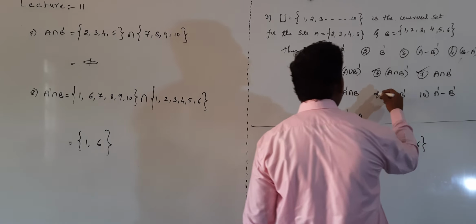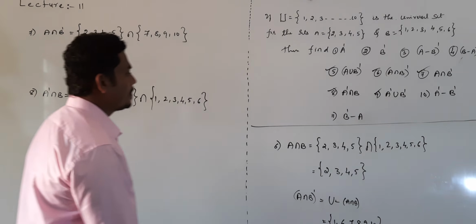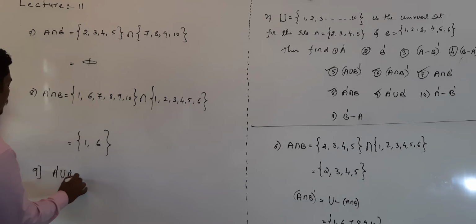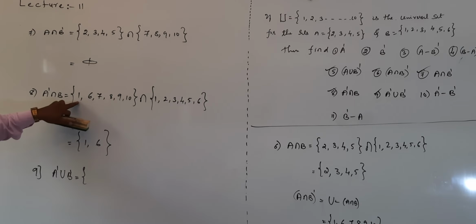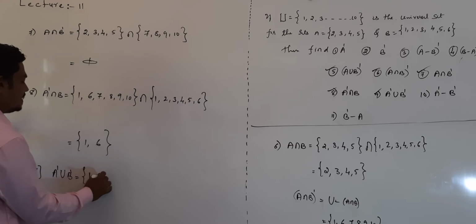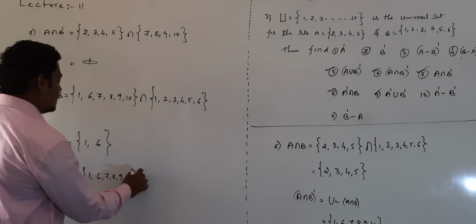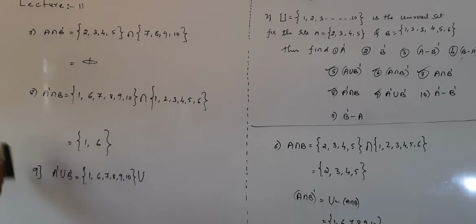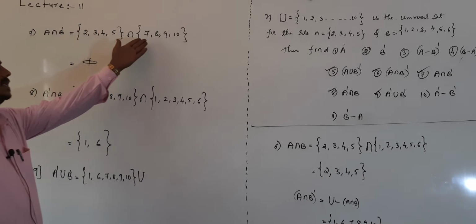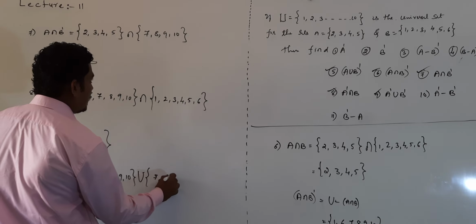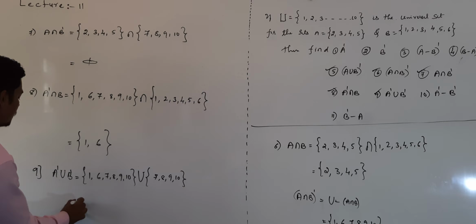After that, A complement union B complement. A complement union B complement, that's equal to A complement, that is 1, 6, 7, 8, 9, 10. This is A complement union B complement. This is our B complement, or else directly write B complement, that is 7, 8, 9, 10.